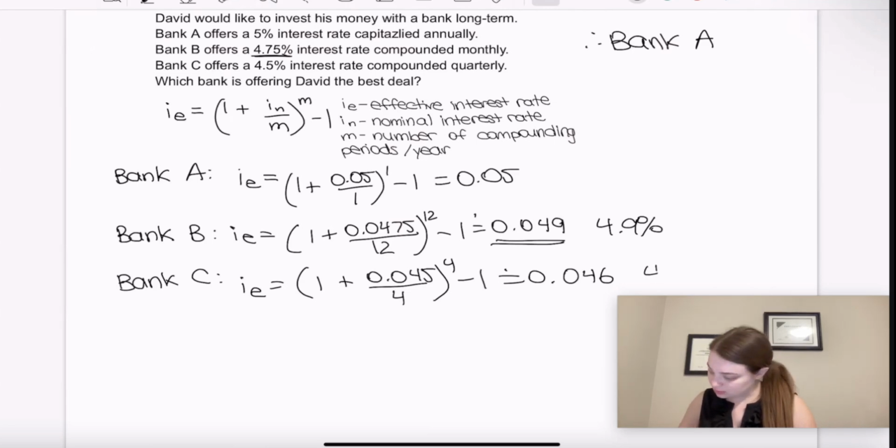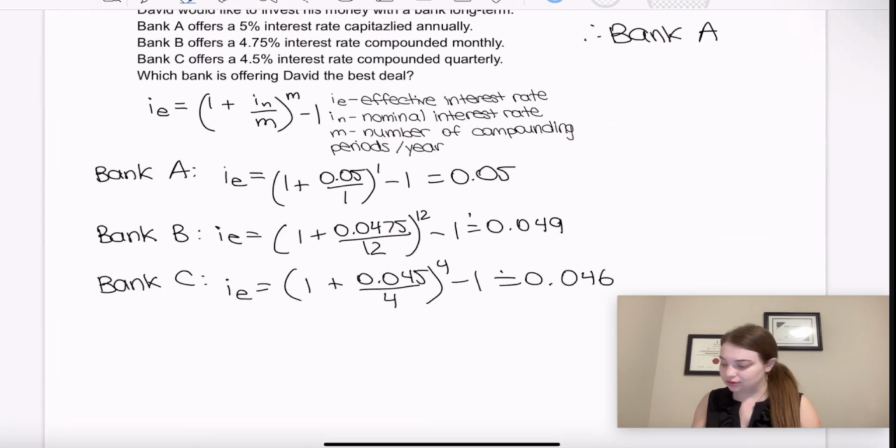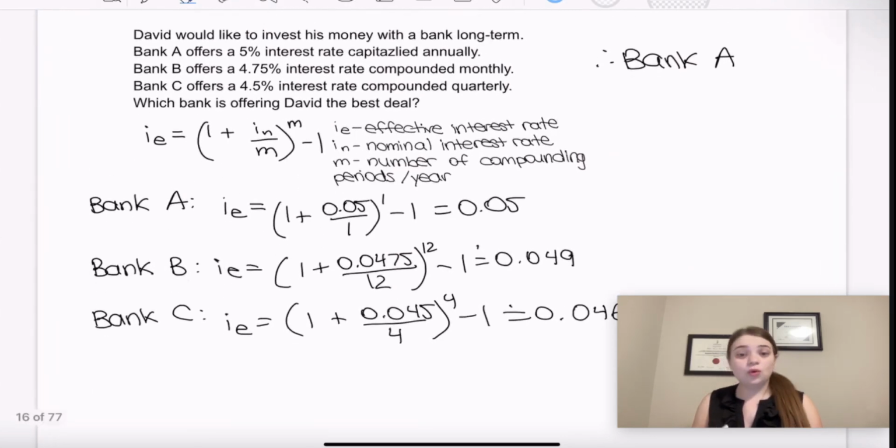Or here we saw this was 4.6% when the nominal interest rate was 4.5%. So Bank B and C's nominal rates were lower than their effective interest rates. So that's why it was important for us to do this calculation to check: did they go up enough to beat out the competition with Bank A, or did they not? In this case, they did not, but we had to check before just assuming that it was definitely going to be Bank A, because the nominal interest rate is not the end all be all.